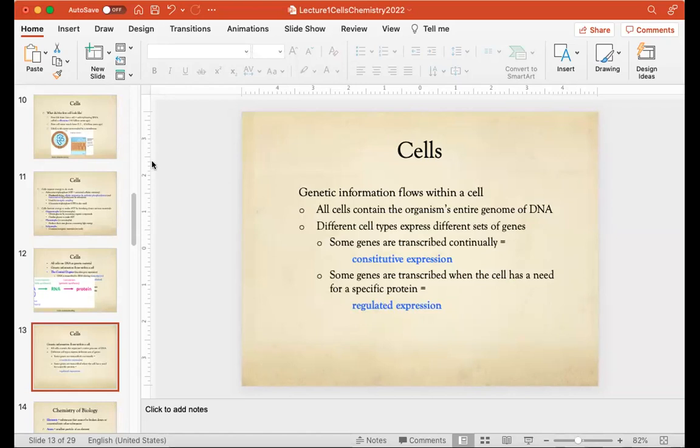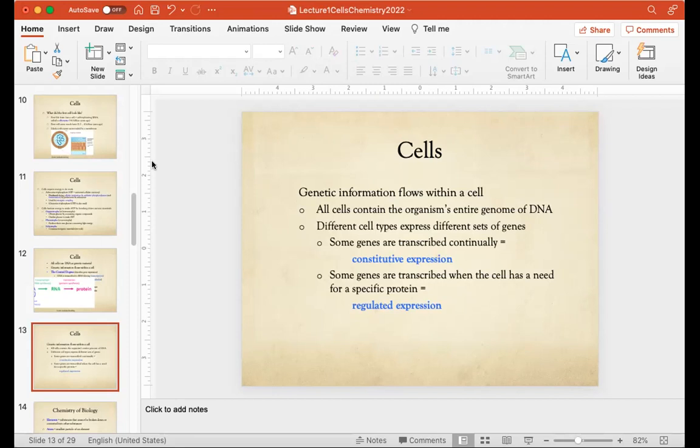So the genes that code for those enzymes are used in virtually every cell. Now, there is an ongoing 24-hour-a-day need for those enzymes. So there are some genes that you find being used or expressed around the clock. The need for that protein is so great that the cell makes it around the clock.